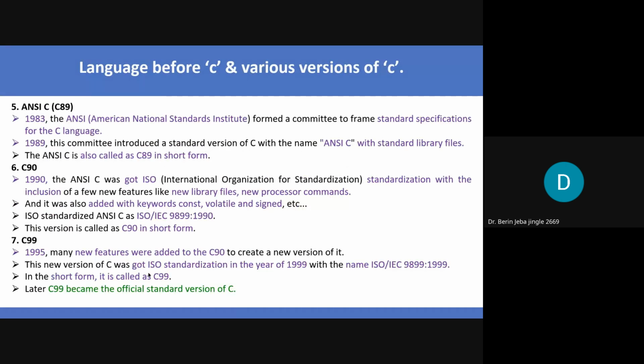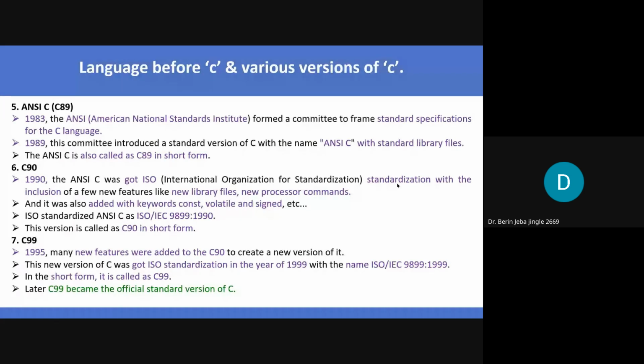The next version is ANSI. In 1983, the American National Standards Institute formed a committee to frame standard specifications for the C language. Some standard specifications were added through ANSI. Then C90. C got ISO certification.